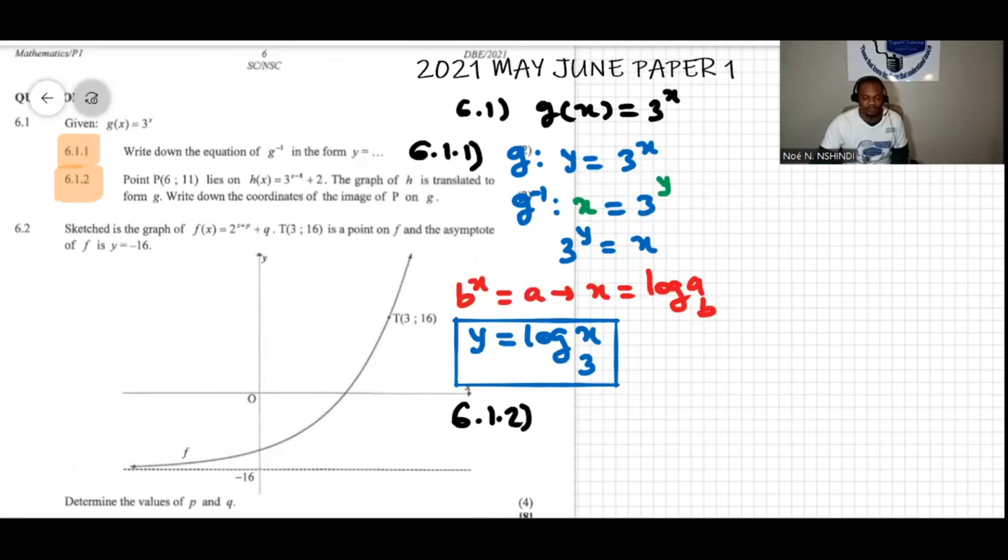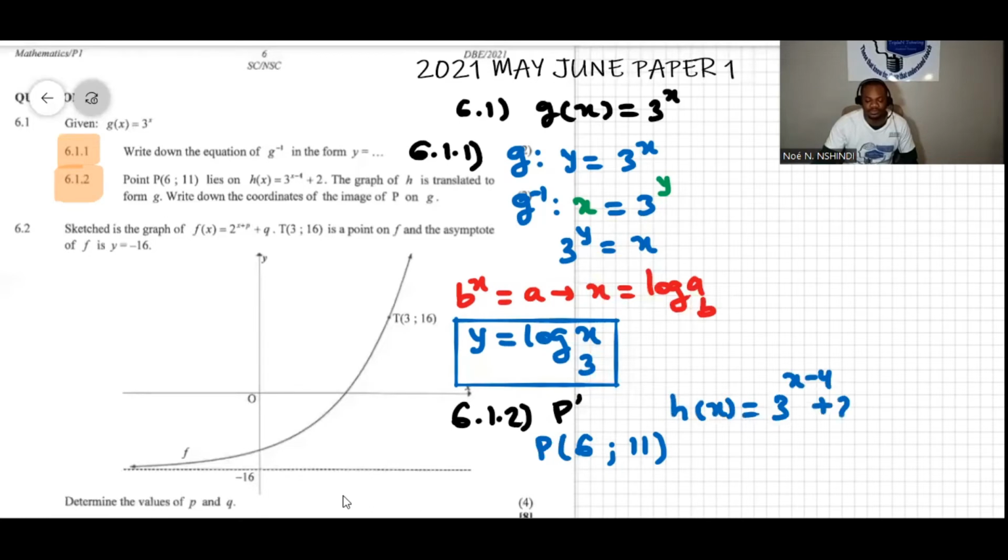So we're looking for the translation of P on g. I can call it P prime now. Initially, P was given by (6, 11). Now the function h of x is equal to 3 to the power of x minus 4 plus 2. So this notation tells us something.